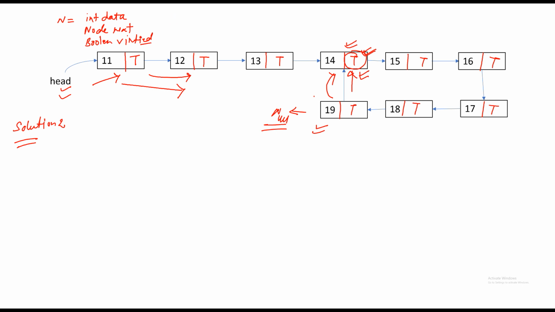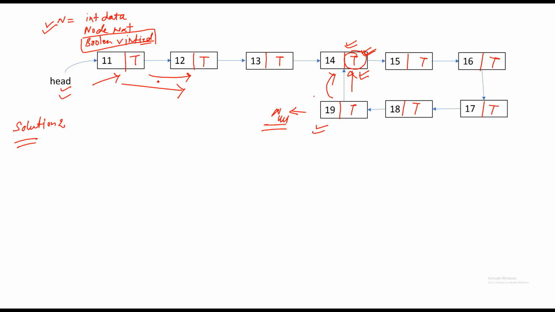So it's very simple. We're going to modify the structure of the node and insert one extra Boolean variable into it, which says visited or not visited, and we will traverse the complete linked list.